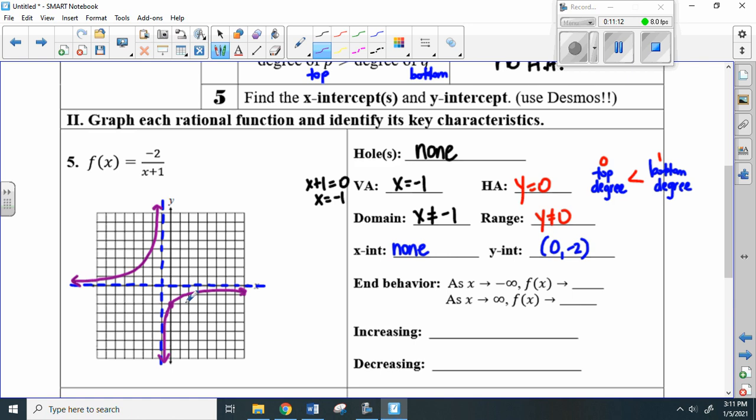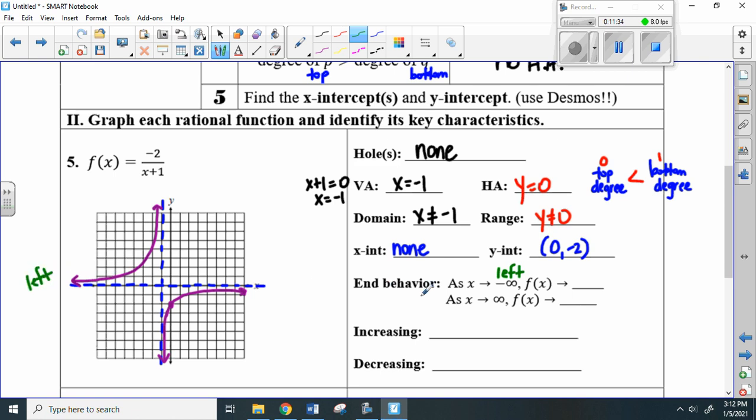Now, end behavior. All right, so look at what I have written here. I've already filled in what ends I want you to look at. It says as x approaches -infinity. Remember, that means the left. That's over here.